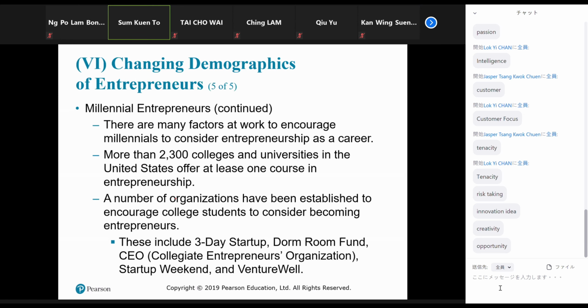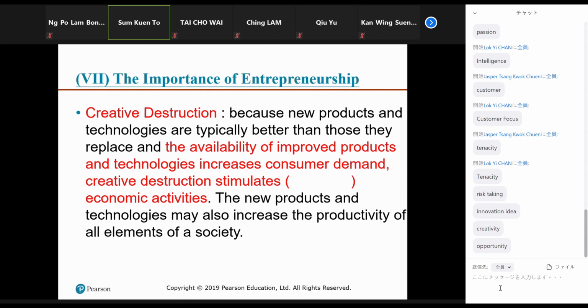Now another interesting topic: creative destruction. What does it mean by creative destruction? You may find these are the two words. And as an entrepreneur, you must have record.